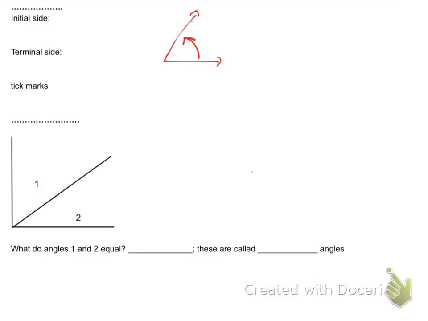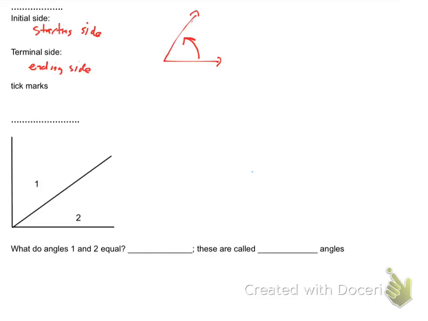Initial side would be the start side. It's the starting side. Terminal side would be the ending side. Makes sense.